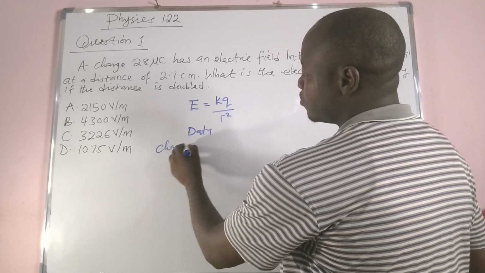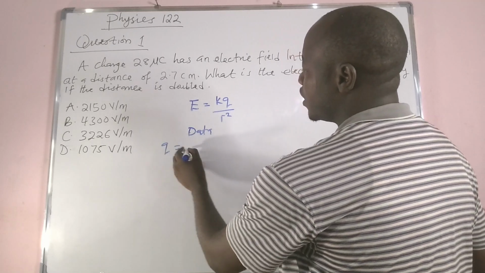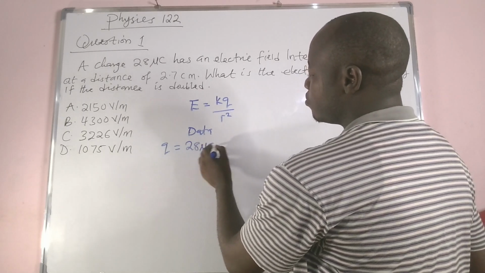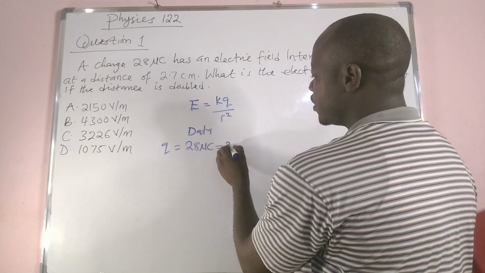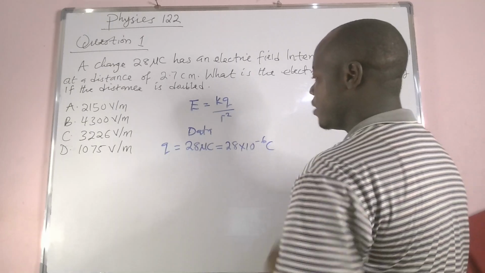Number one, we have charge here as Q. We have Q here as 28 microcoulomb, and don't forget that micro is 28 times 10 raised to the power of minus 6 coulomb.